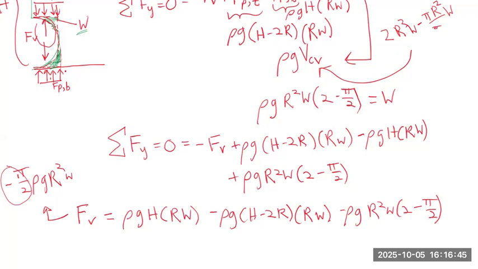So that is why the force acting on the cylindrical section acts upwards with a magnitude of pi over 2 rho g R squared W. So our final answer is pi over 2 rho g R squared W upwards.